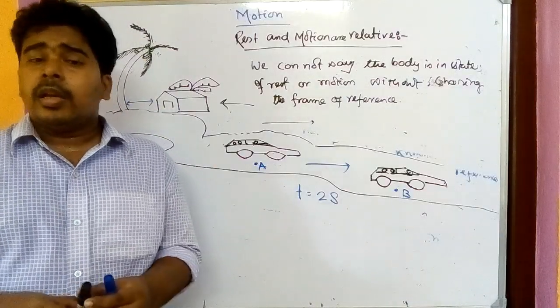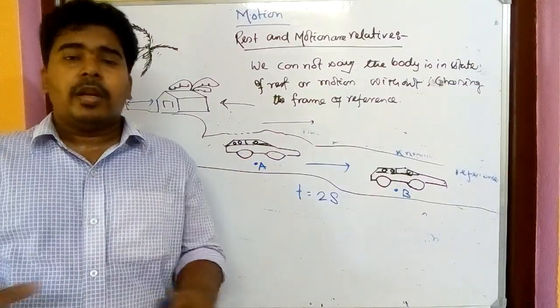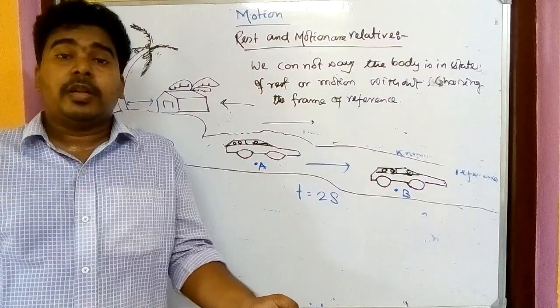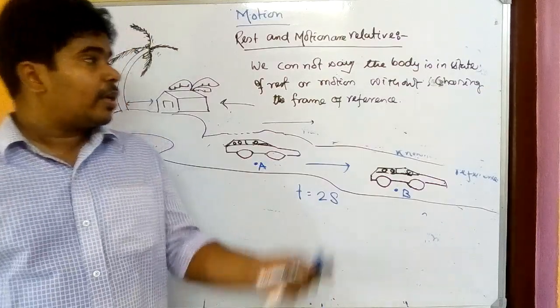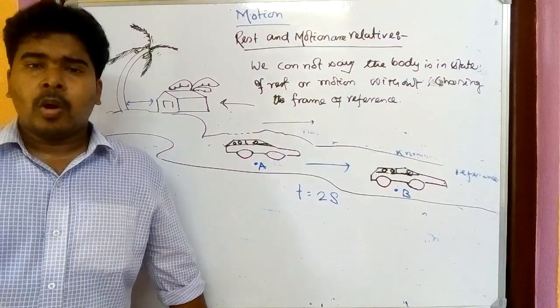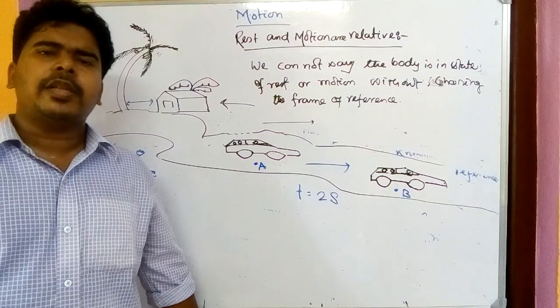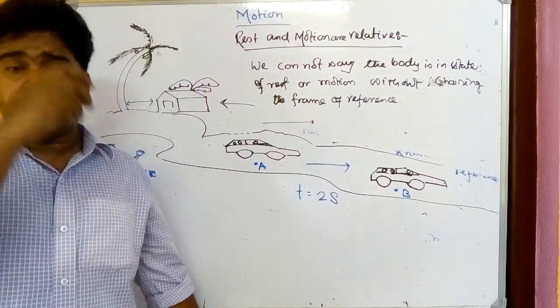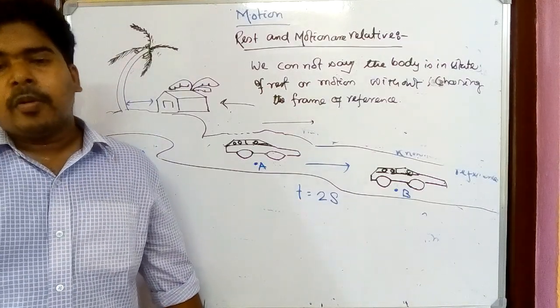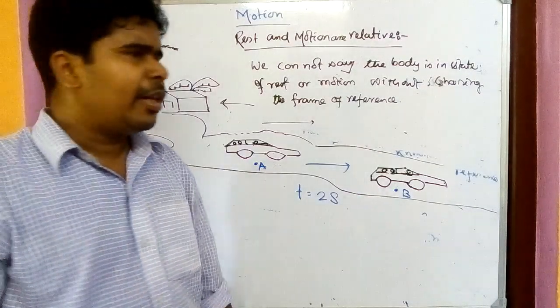Eternal means it is truth. We say God is eternal. We cannot change it. It is fixed, it is truth. So we cannot say that rest and motion of a body is eternal. The idea of rest and motion is changed with respect to the frame of reference. I think it is a bit clear to you.